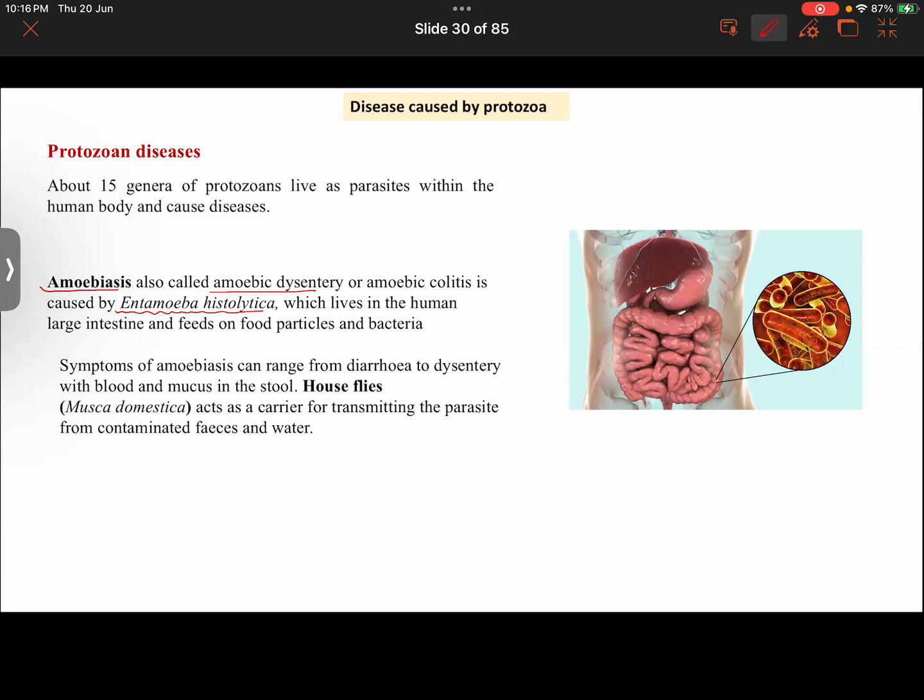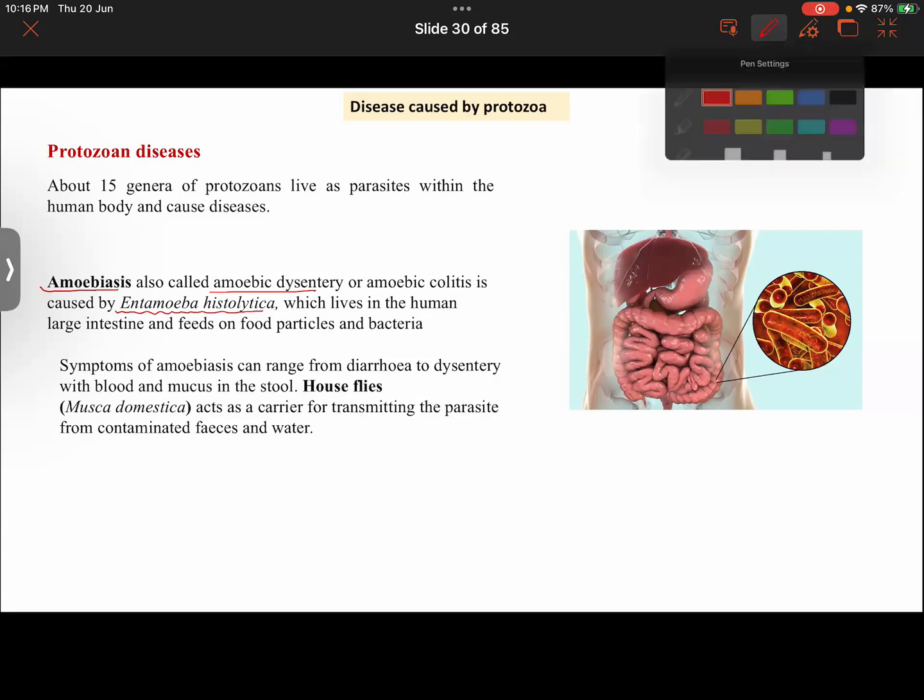Getting it, guys? Yes, sir. Okay. So it's a parasitic infection, an infection caused by Entamoeba histolytica, which is a protozoa. So it is an intestinal infection. How does it happen? If someone were to eat uncooked food or drink dirty water, it will spread.